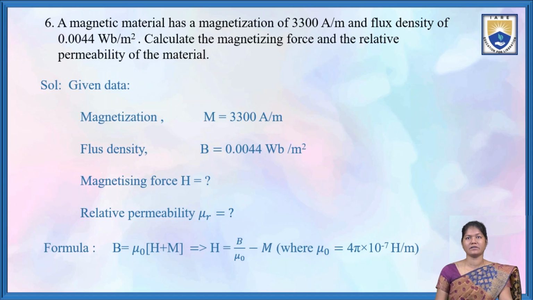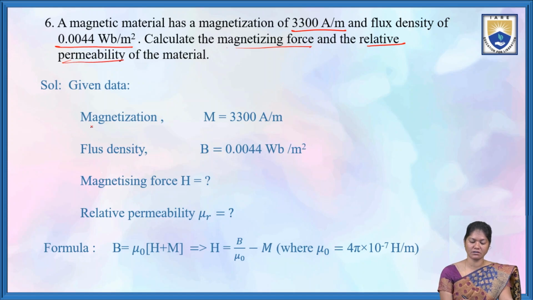A magnetic material has a magnetization of 3300 ampere per meter and flux density of 0.0044 Weber per meter square. Calculate the magnetizing force and the relative permeability of the material.